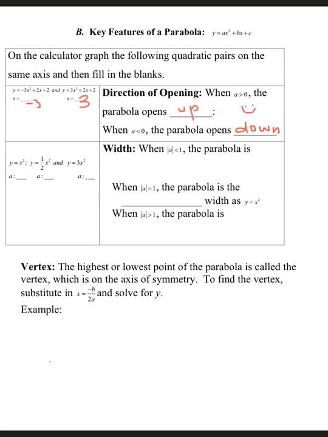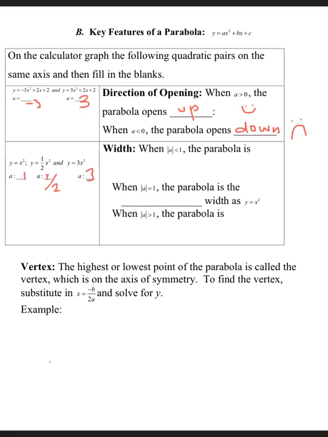So happy, it's positive. When it's less than 0, it's negative, so it's going to be a sad face, so it opens down.